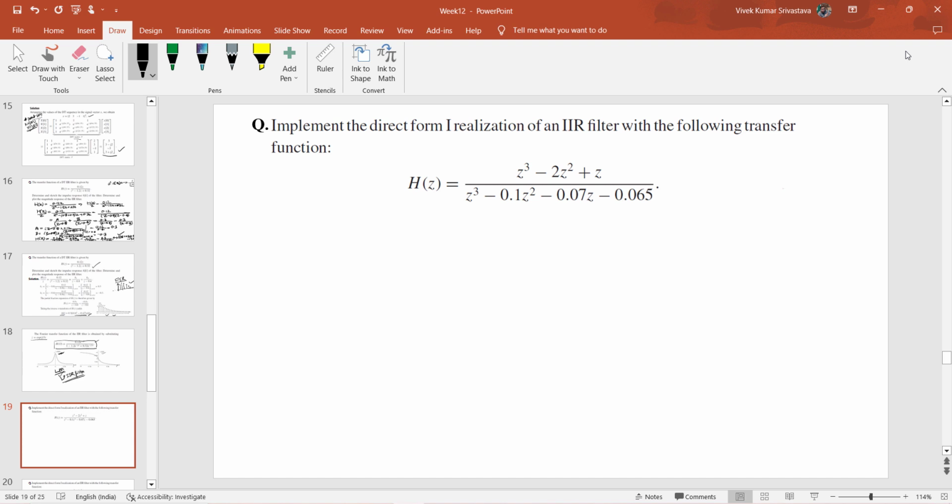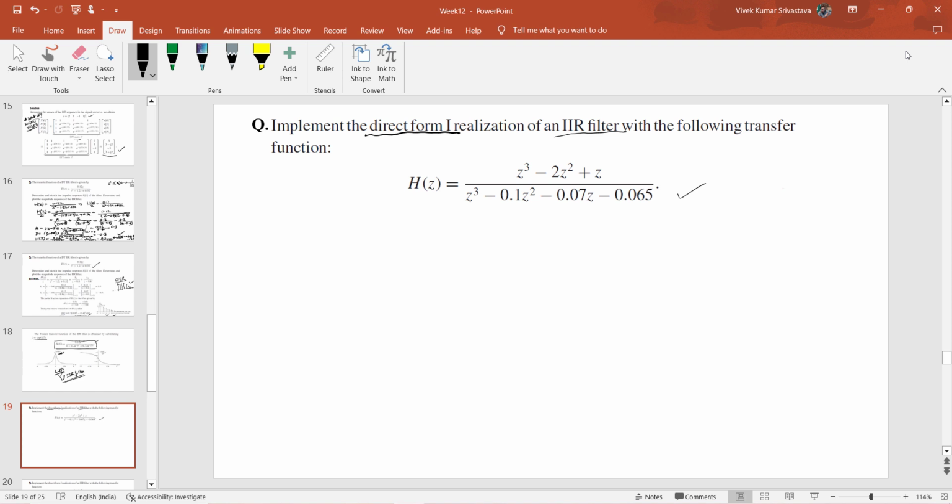Now moving to the next problem. This problem states: implement the direct form, that is direct form 1 realization, of an IIR filter with the following transfer function. For this transfer function we have to determine the direct form realization of the IIR filter.